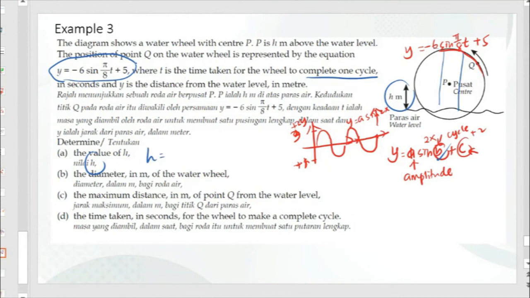Yes, correct, Erestica, it is 5. 5 meter above, so it moves up 5. That's it. The question tests how you understand the concept. Okay, then the second one: what is the diameter of the water wheel? Can you tell me what the diameter is?